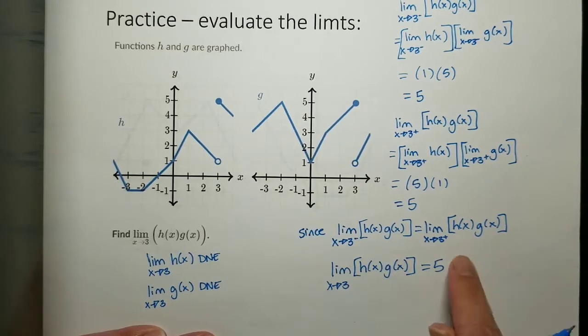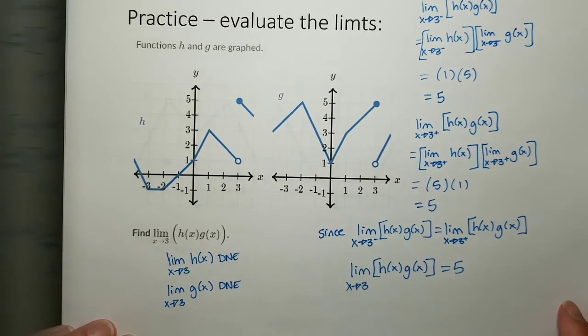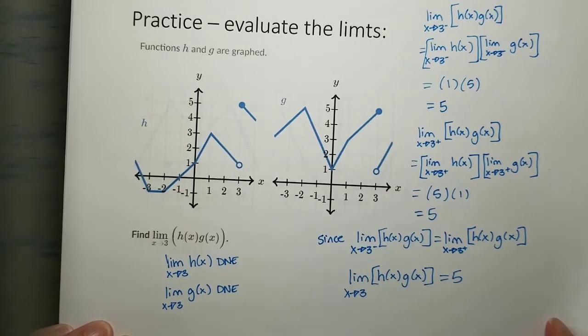Because the two-sided limits are equal, we can evaluate the limit at that point for the product of two functions that happen to have limits that didn't exist at that point individually.